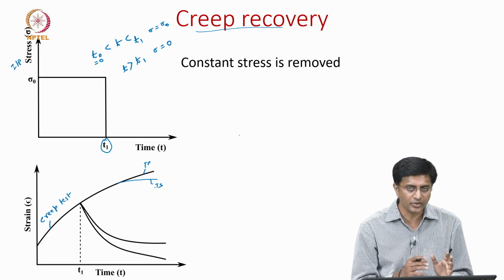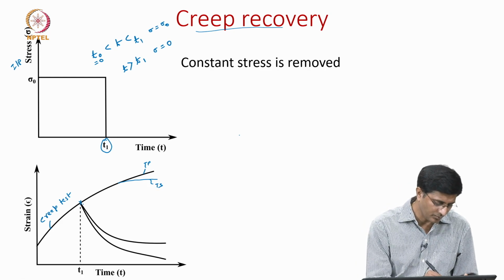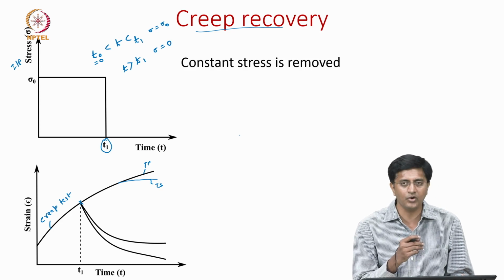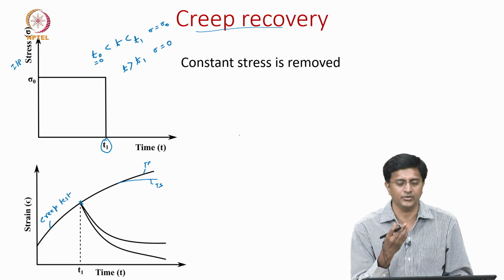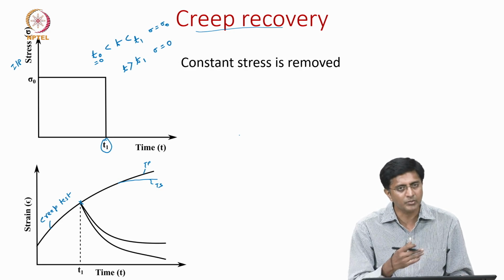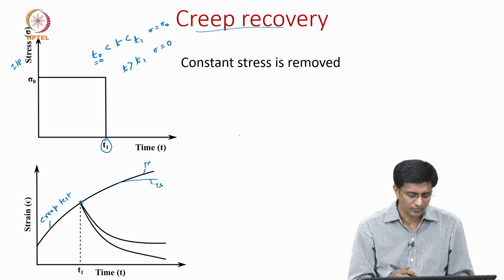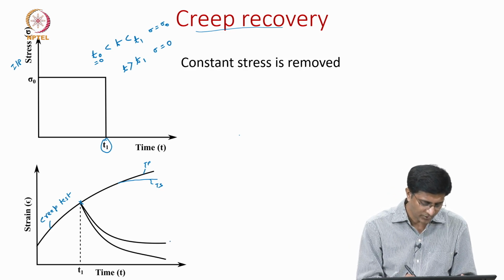But we are focusing on what happens beyond this time t1. Beyond this point, when we remove the load, how does the polymer behave? Again it has two possibilities, either coming back to 0 strain or going back to a constant value. So again there are two possibilities, like C1 and C2.